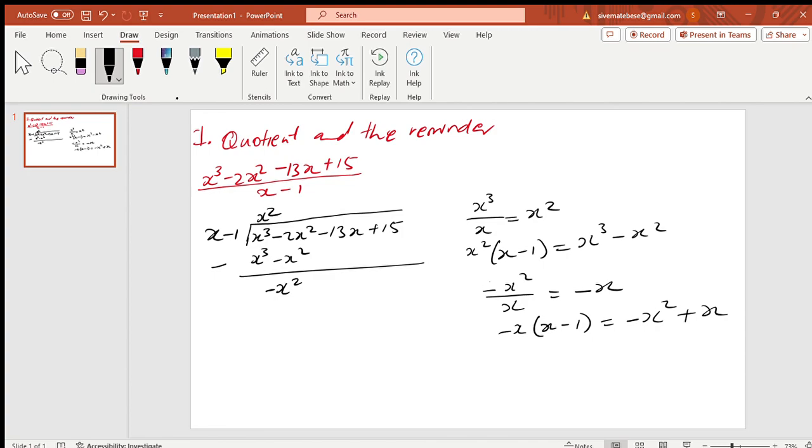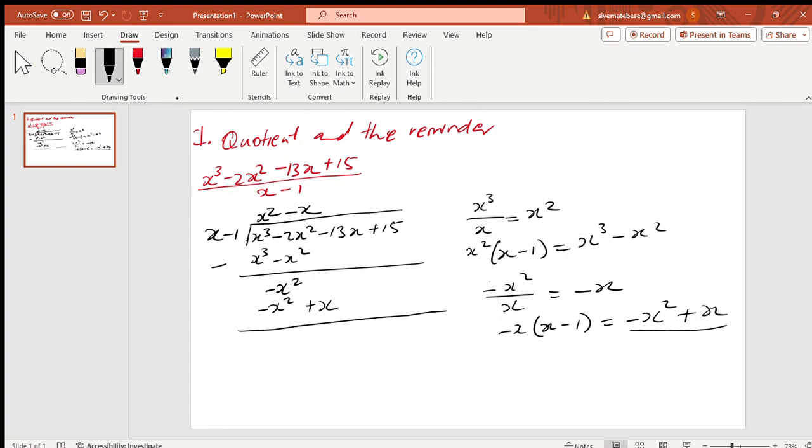We put that negative x on top, and we write negative x squared plus x below.